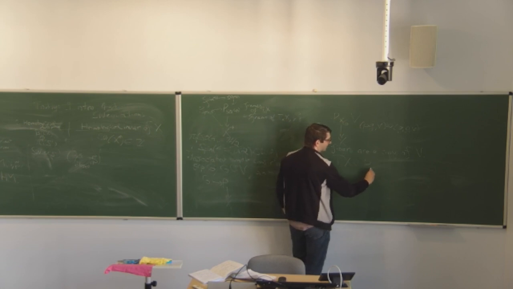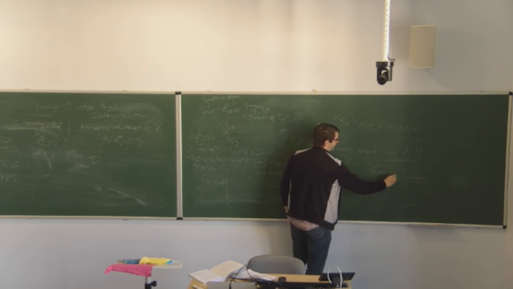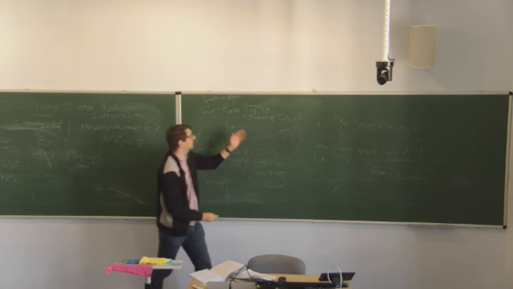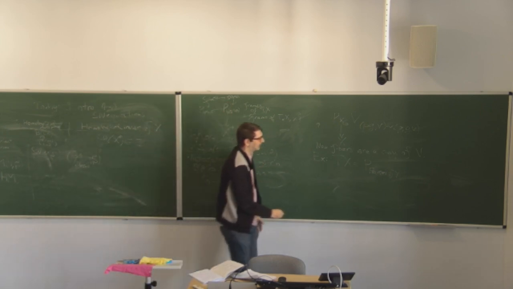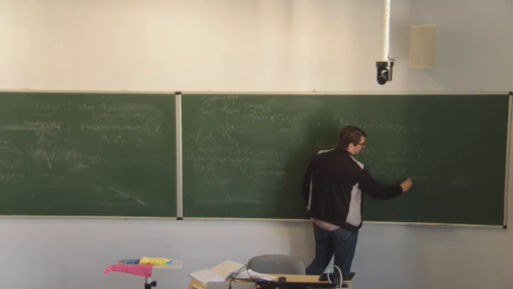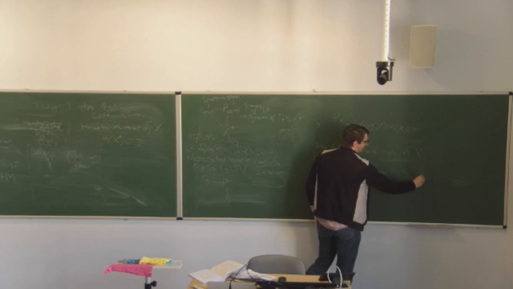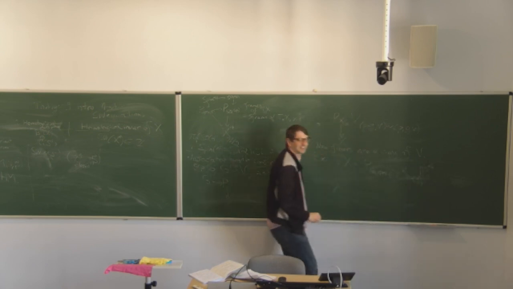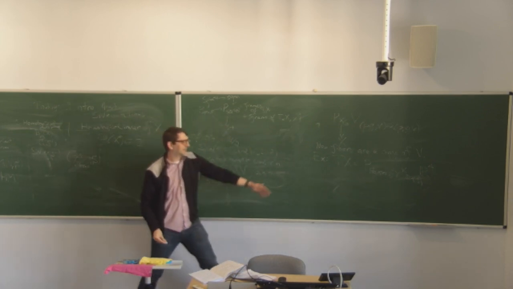If we take the bundle of frames as before, that's some SO4 bundle, and we did the associated bundle construction on SO4 together with its standard representation, then we just get back the tangent bundle.